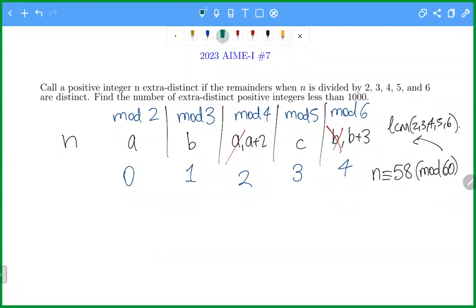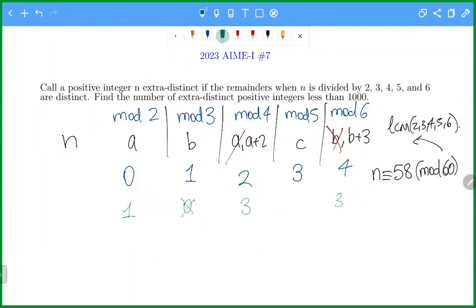In the second case, a can be 1. If a is 1, then a plus 2 is 3. And then for b, if b is 0, b plus 3 is 3, this doesn't work.